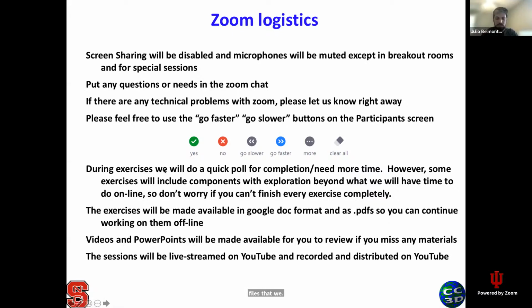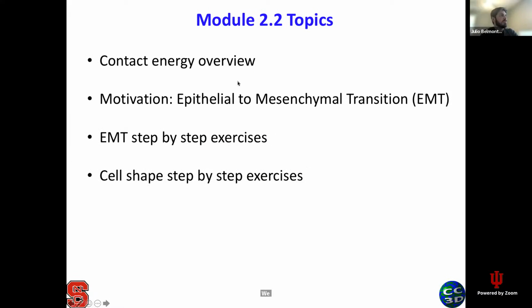So the plan for this module is a brief contact energy overview, without entering into many details. Then I'm going to give a motivation: what is the biological model that we want to reproduce in your simulations using contact energies.